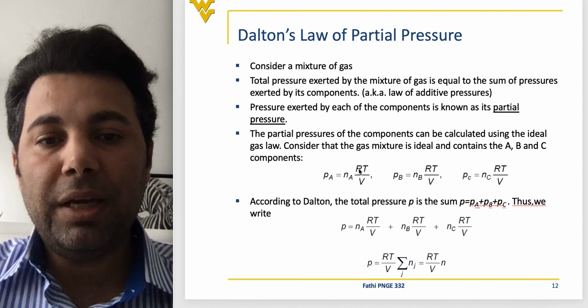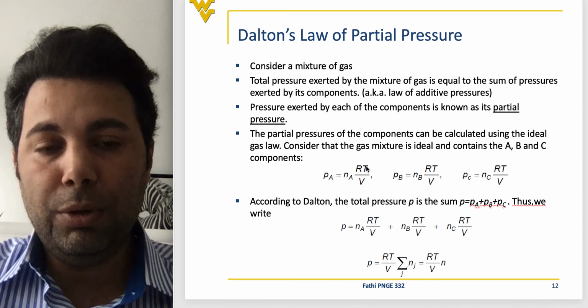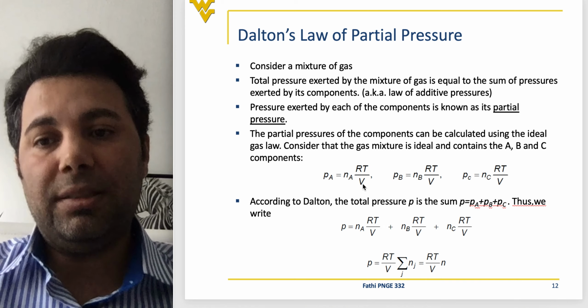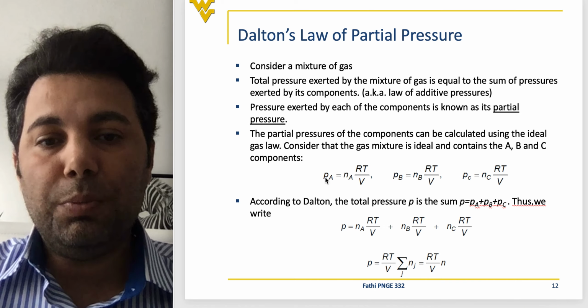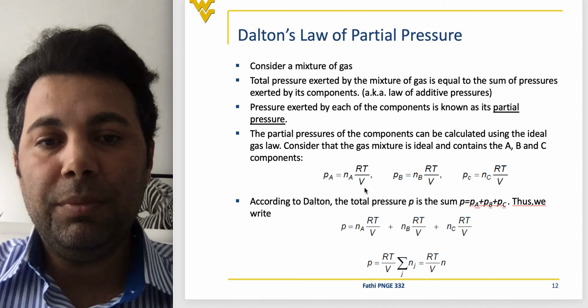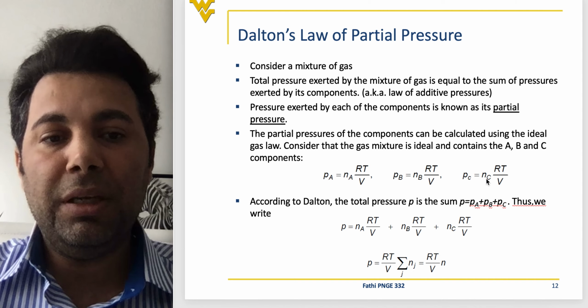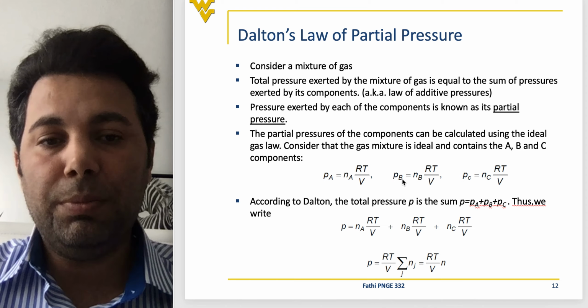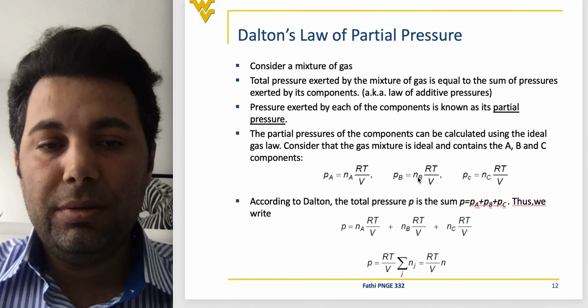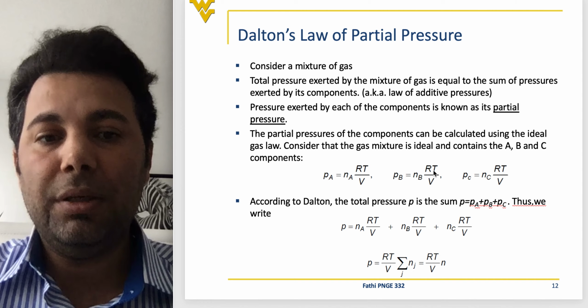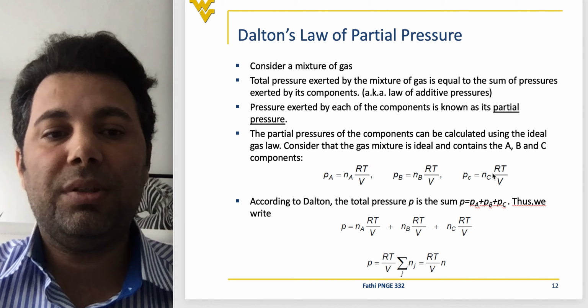R is the universal gas constant. Temperature is the same for all the components. Volume is the same because that's the volume of the container. So PA is equal to nA times RT divided by V. I can write this for component B and component C. For component B it becomes nB, the number of moles of component B, times RT over V. And for C the same.